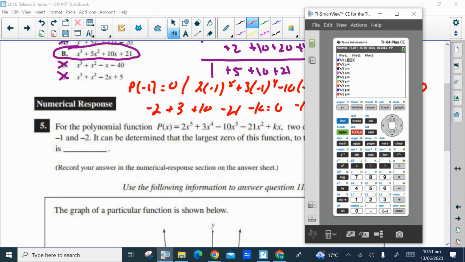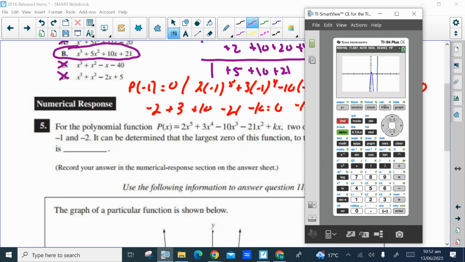So 2x to the power 5 plus 3x to the power 4 minus 10x cubed minus 21x squared plus 10x. Zoom 6, and the largest x-intercept will be the largest zero.